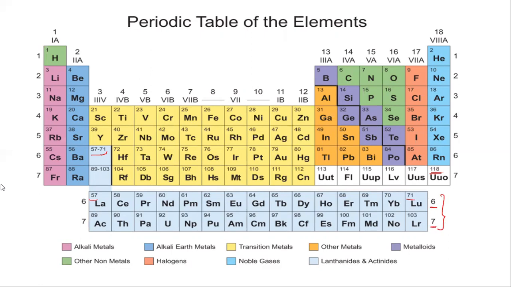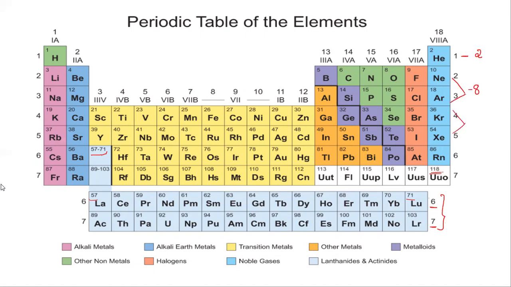Now, look at this period. The first period consists of how many elements? 2 elements are there. Second and third period consist of the same number of elements, that is 8 elements.